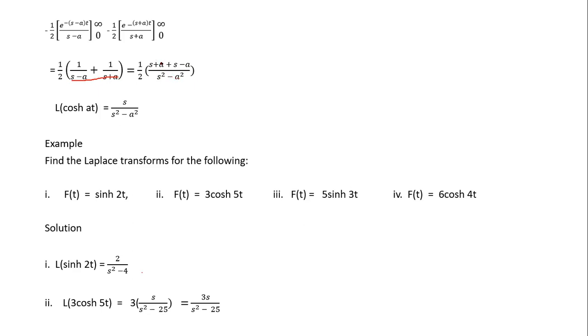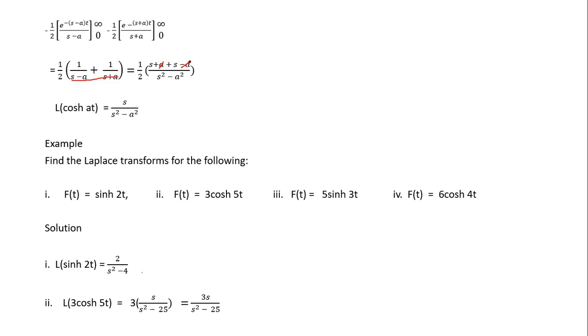So a goes away from the top here. A minus a is 0. Therefore, the numerator we are having to be 2s over s squared minus a squared, all multiplied by half. And that will cancel the 2 there, leaving cosh at as s over s squared minus a squared.